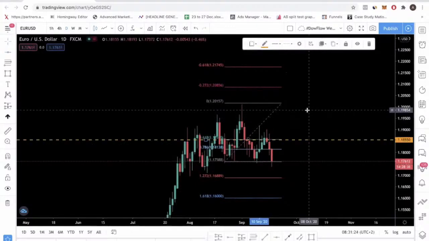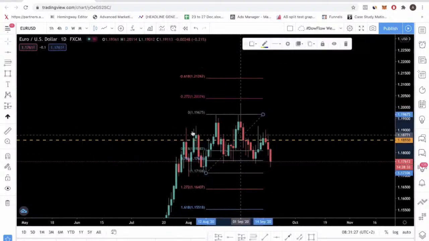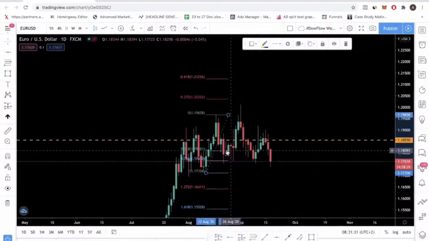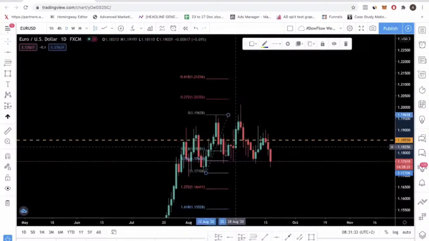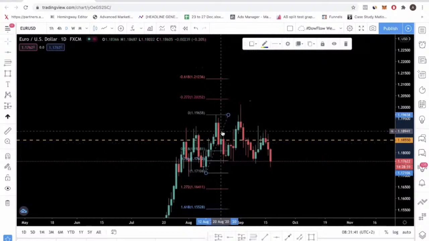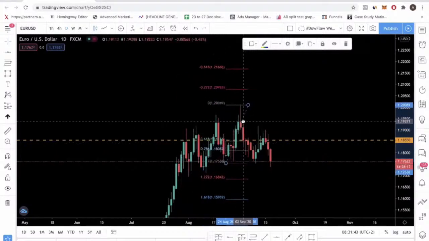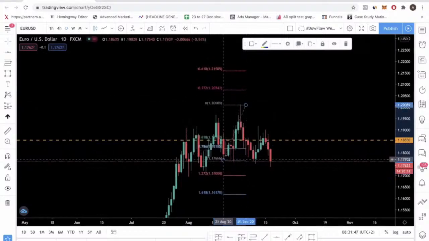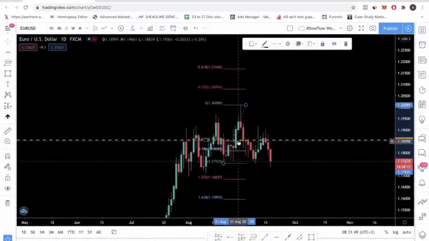Okay, so earlier, if you were to go back into history and you see over here, and you draw it, you can see that it slightly broke it, but in the end, it went back above. So you can see that this is not entirely foolproof, but it's a good gauge to tell you if the trend is changing or not. So moving it back over here, you can see this 0.618 level is broken.